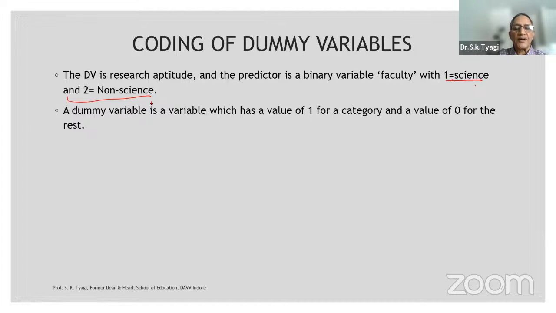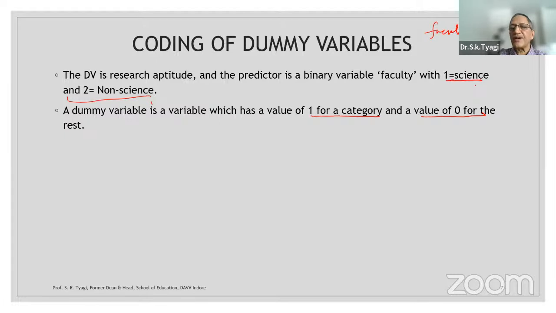Now a dummy variable is a variable which has a value 1 for one category and value 0 for the rest. Now we have the variable faculty. It has two categories. One is science, another is non-science. So a dummy variable will be where science will be given value 1 and non-science will be given 0.